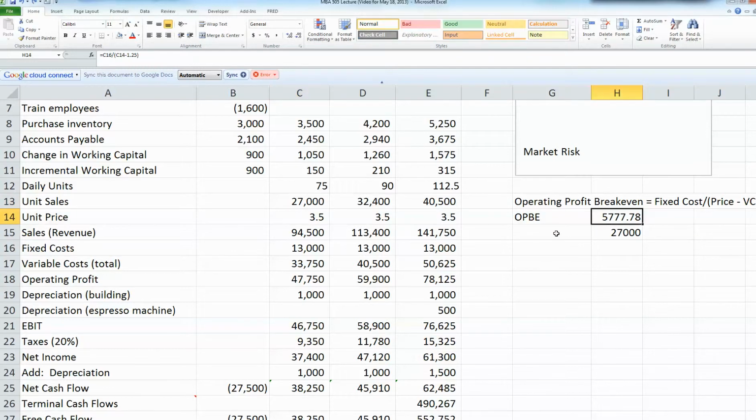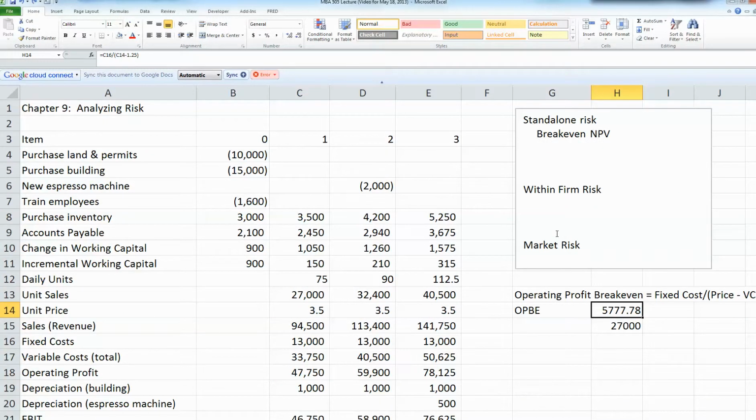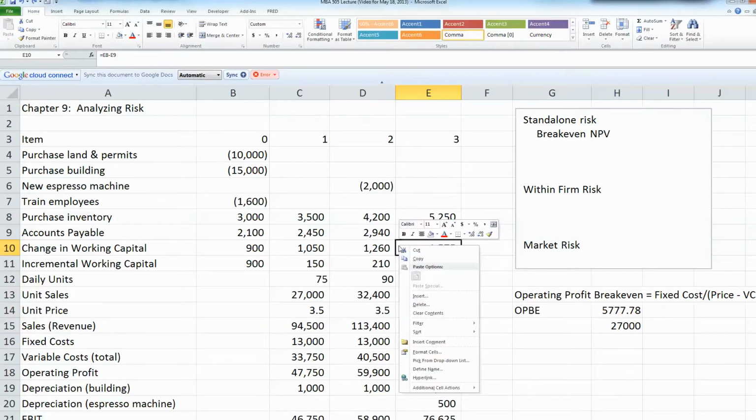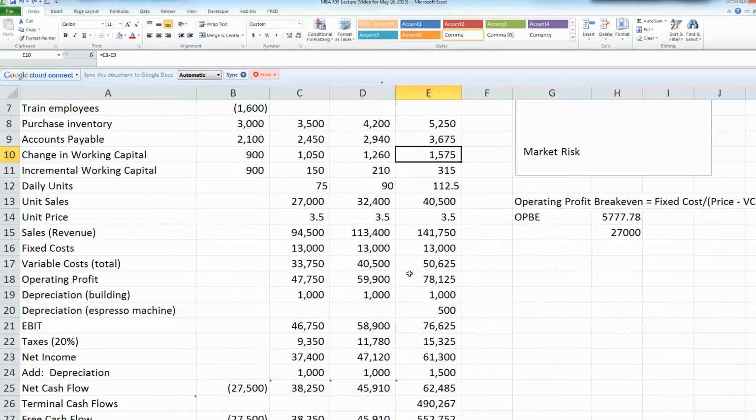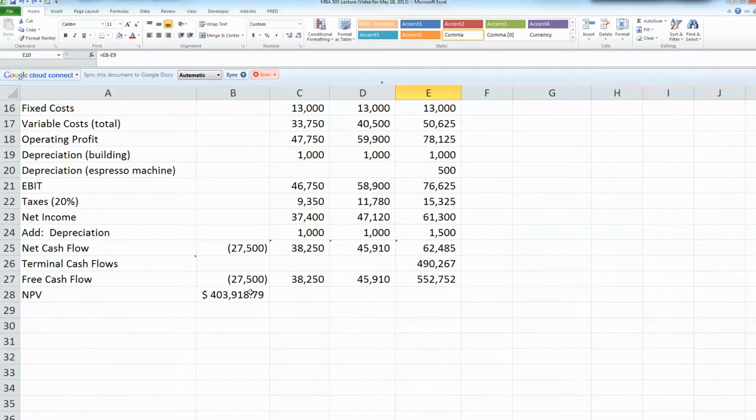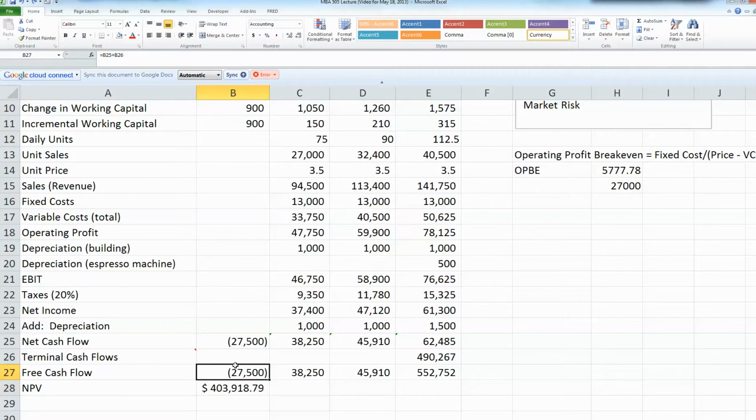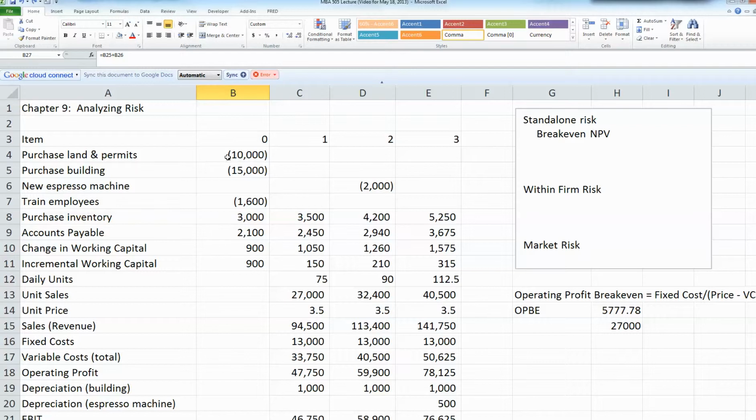So I want to show you a better way of determining whether or not a project is expected to break even, and that is the break-even NPV. And it's essentially the number of units that I need to sell to have an NPV exactly equal to 0. And you know our NPV calculation looks at the cost of that investment. So it looks at the building and land cost and the cost of training employees.